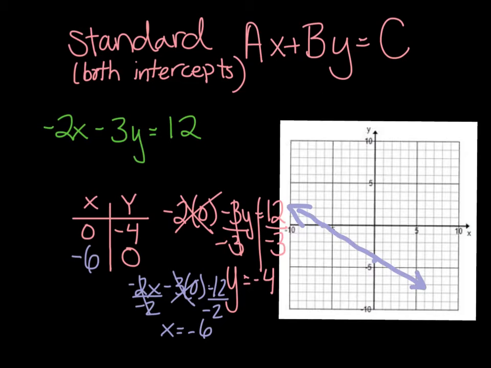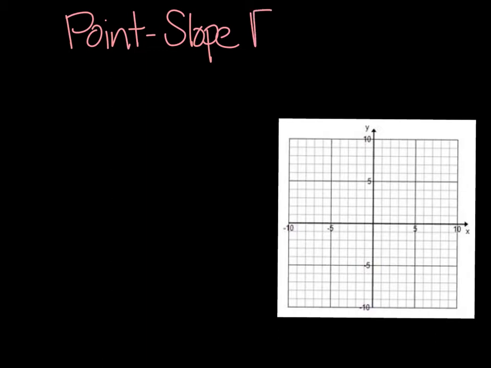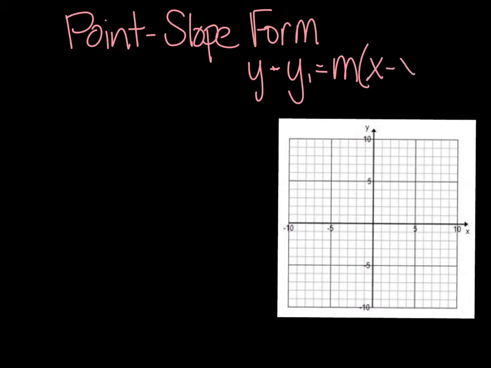And that's the shortcut. Okay, and finally, the last one we have is point slope form. This is y minus y1 equals m times x minus x1.